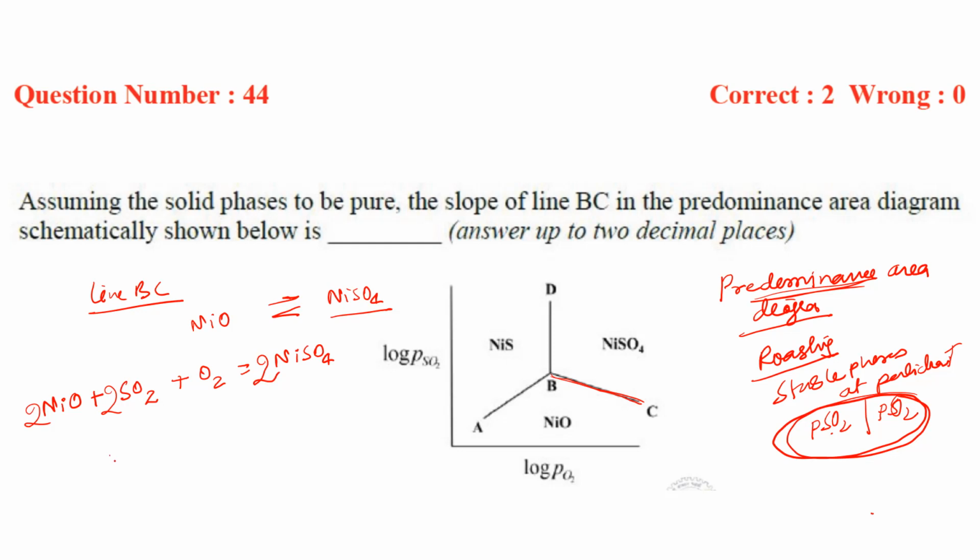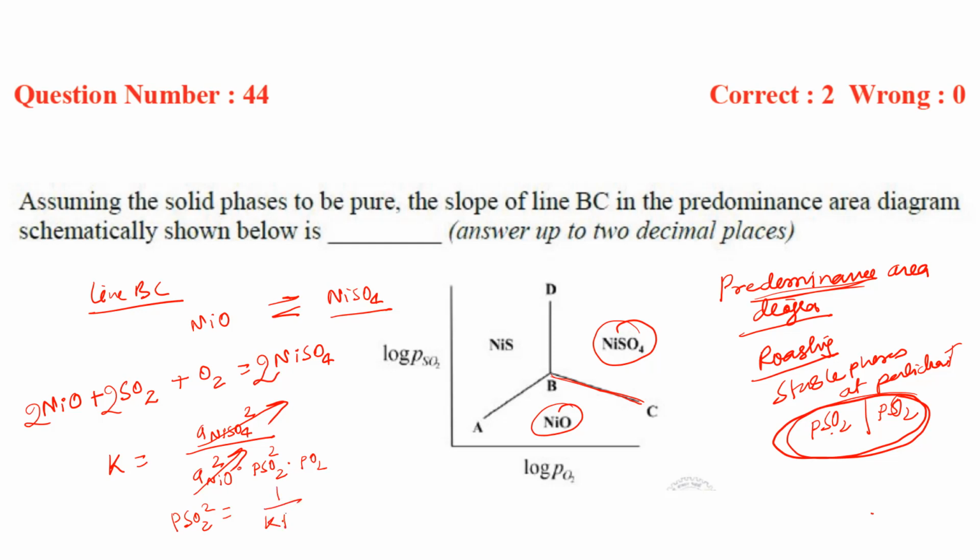Now take the K value. K will be the activity of NiSO4 squared divided by the activity of NiO squared, the partial pressure of SO2 squared, and the partial pressure of O2. Since NiSO4 and NiO are stable phases in solid form, their activity can be taken as 1. So PSO2 squared is equal to 1 by K PO2.